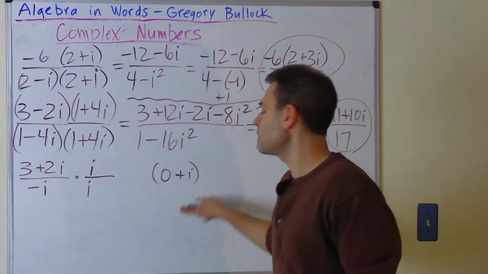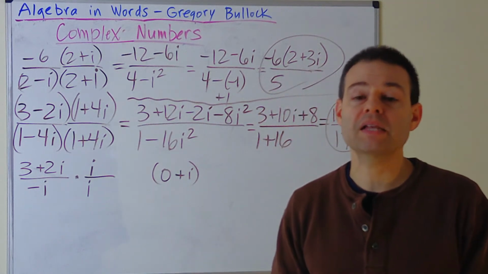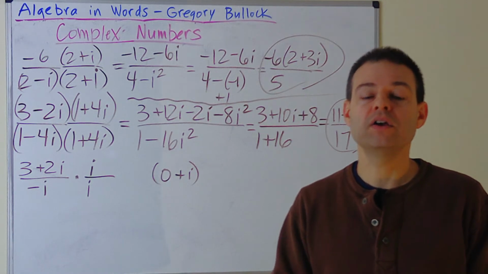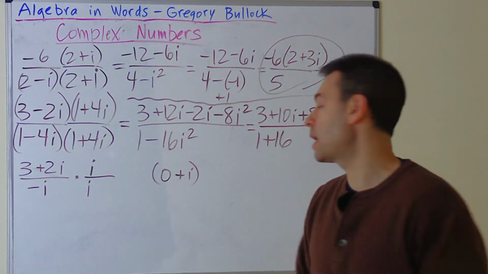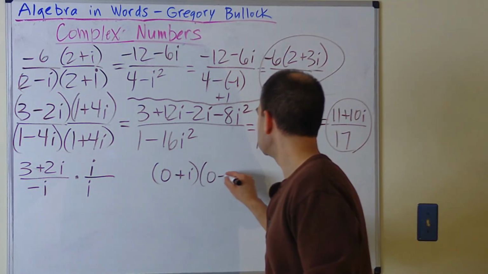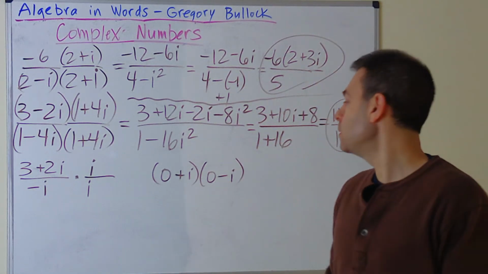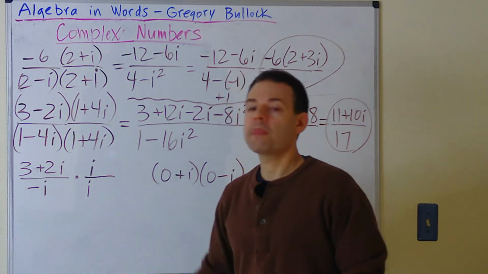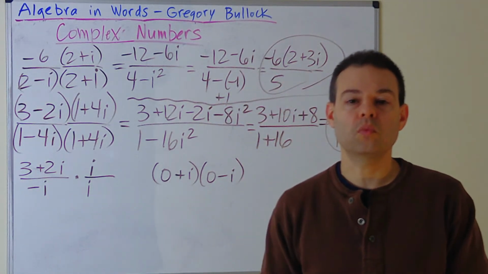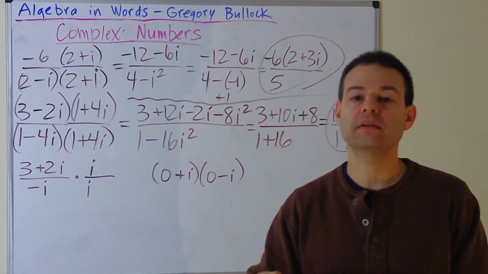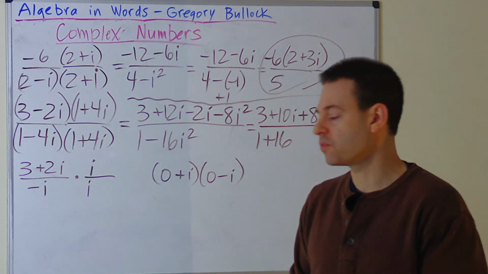So if we consider this as the complex number with positive i, and then I asked you, what is the conjugate of that? You would say it's 0 minus i. So that's the basis behind multiplying whatever singular term of i times its opposite sign, if you're wondering where that comes from.